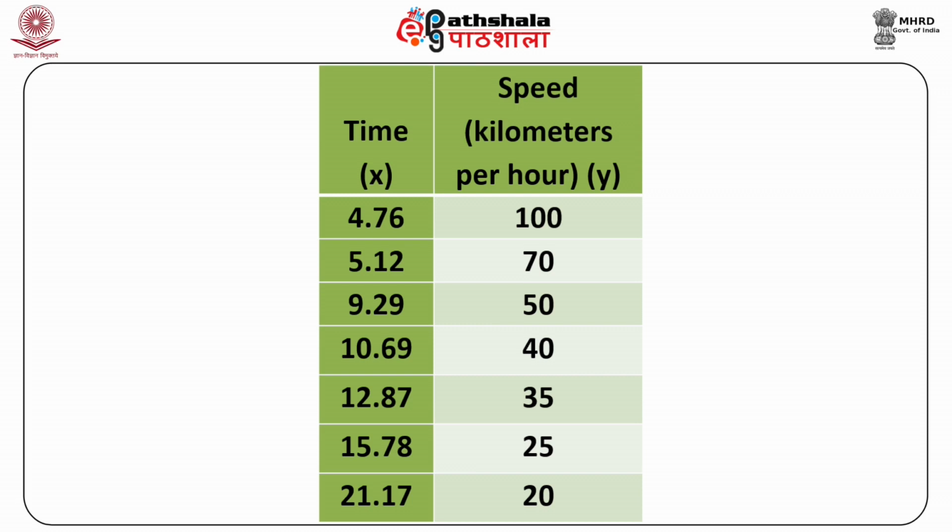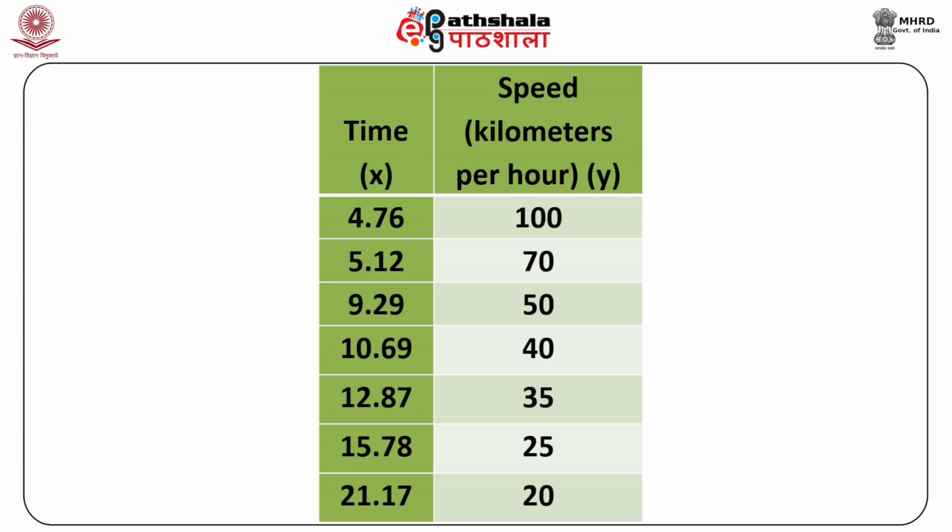When it goes down to 50, it is 9.29, and so on down to 40, 35, 25 and 20, and respectively the time taken is increasing from 9 to approximately 10, 13, 16 and 21.